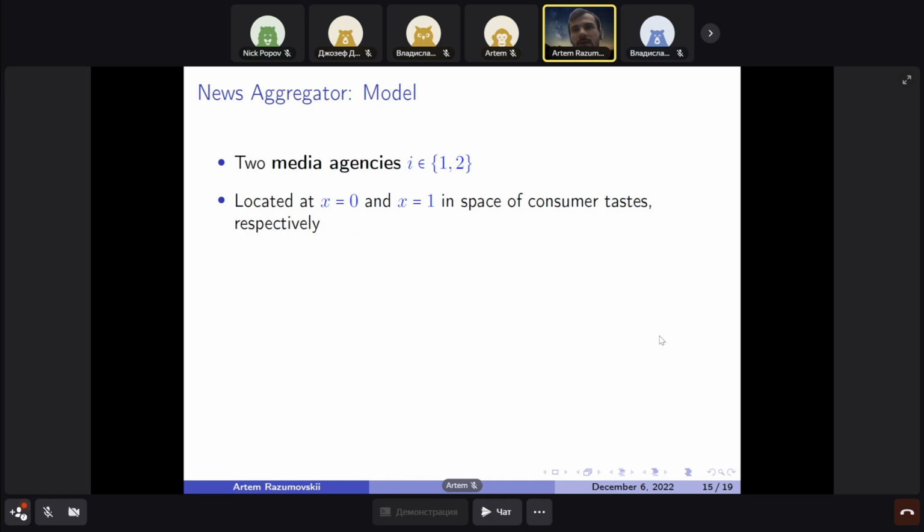Let's think about sport and music. Then we will have a line model. We already considered a bit of that before. So one agency will be located at 0 and another at 1, and you have agents distributed from 0 to 1. So a taste can be closer to agency 1 or agency 2.